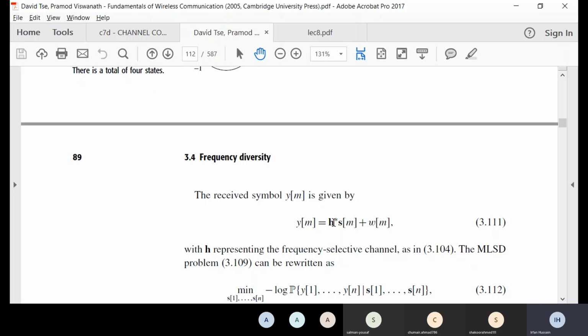So this will be the received symbol. We have just summarized the previous notations. You are actually convolving your H with your S vector, so each H will go with the relevant S.